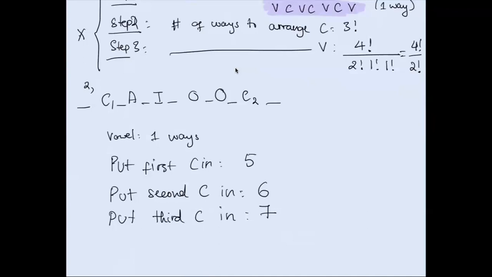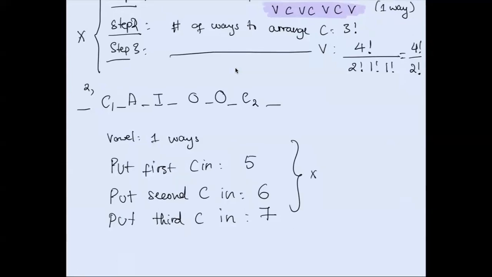After I put the third consonant in, I finish my process to arrange every letter. So I can multiply them together. And you should get, let's see, 5 times 6 times 7.